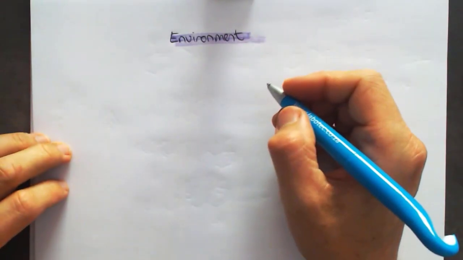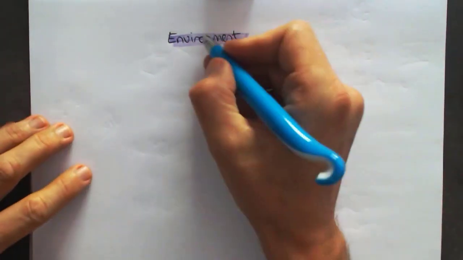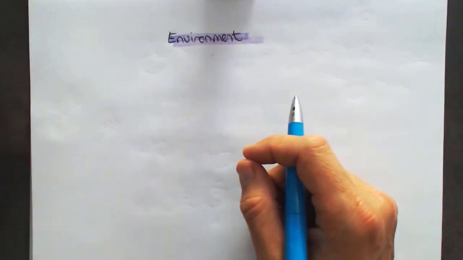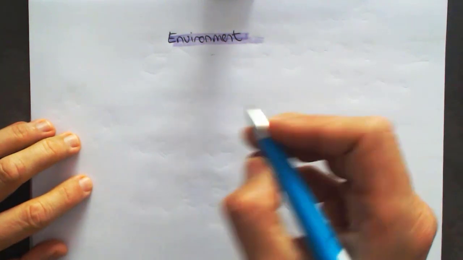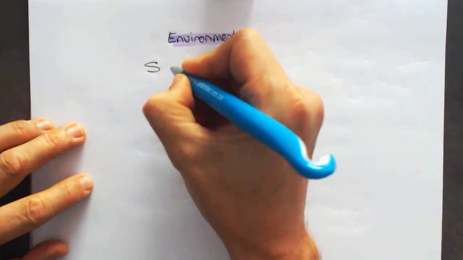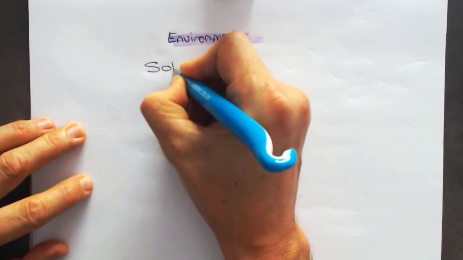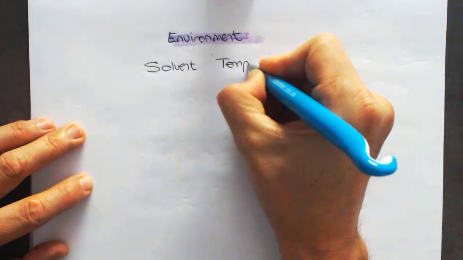The last thing we need to look at in terms of setting the scene and looking at this whole big picture of substitution reactions is the environment that the reaction is taking place in. To look at this, there are actually four things that we need to look at, which are really helpful. The first thing is solvent. The next thing is temperature.